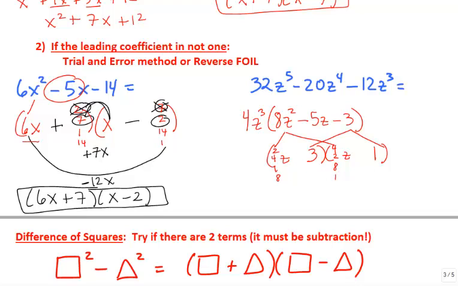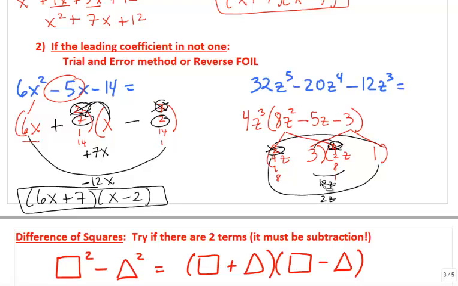Well, we always have to check the inners and the outers, okay? So if I do this first case, the 2 and then the 4, the inners would be 3 times 4z, which is going to be a 12z, and a 2 times 1, or 2z times 1, which is a 2z. Does a 12 and a 2 give me a 5 in the middle? No. So this option doesn't work.